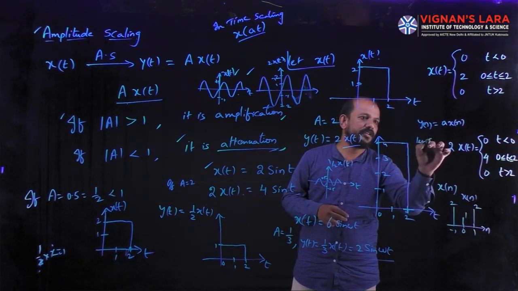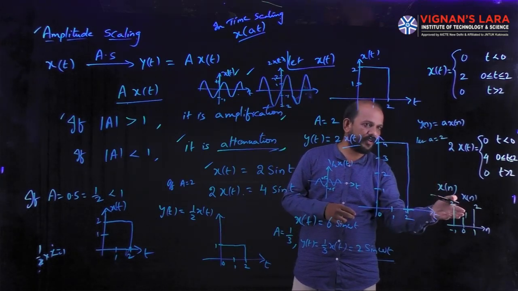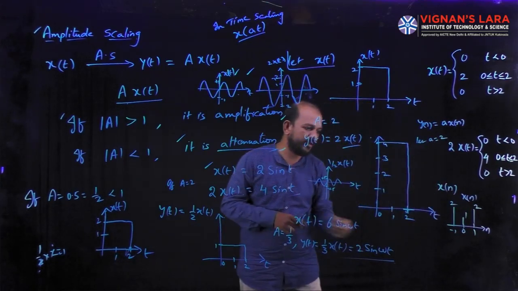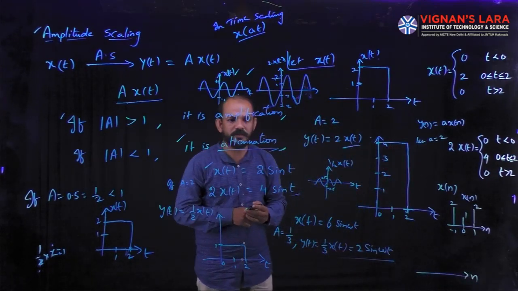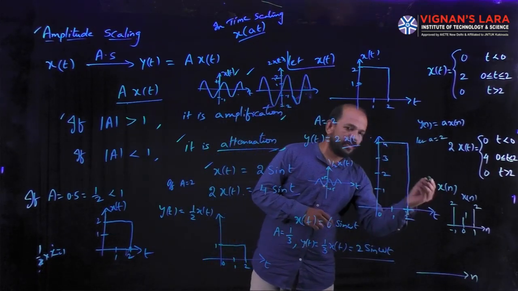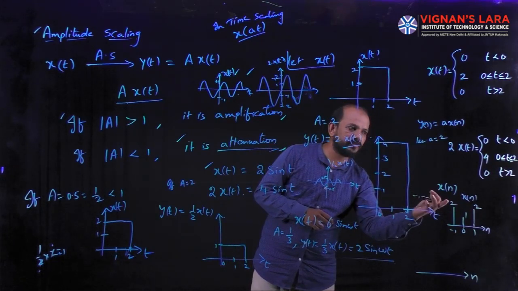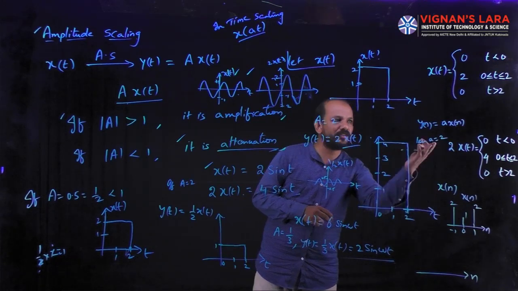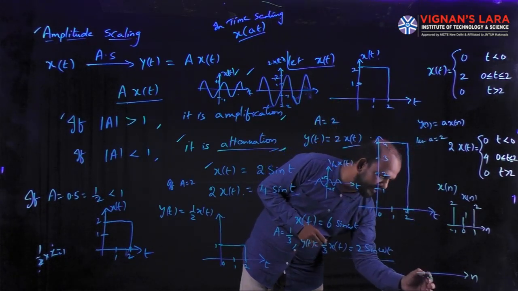Let a equal to 2. Now this is x of n. I need 2 into x of n. How can I get it? At every instant, at -1 the signal amplitude is 2. So that should be multiplied with the constant. Here the constant is 2. So 2 into 2, that is 4. So at -1 the amplitude will be 4.